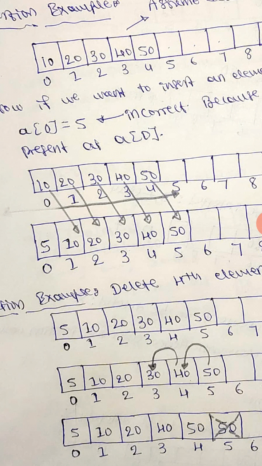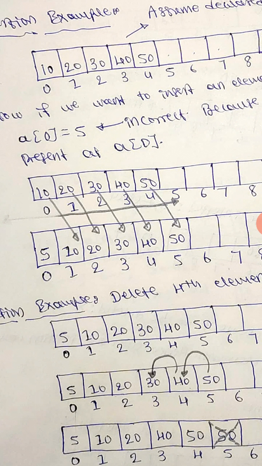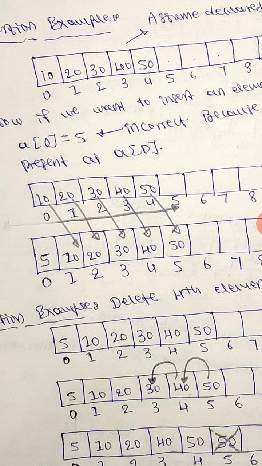I move the value of 50 from index 4 to 5, and then 40 from the third index to the fourth index, 30 from the second index to the third index, 20 from the first index to the second index, and 10 from the 0th index to the first index. Moving each element of the array one position ahead will make my 0th position empty.